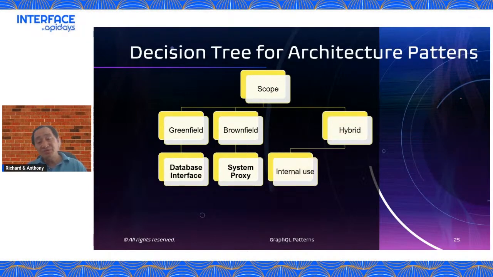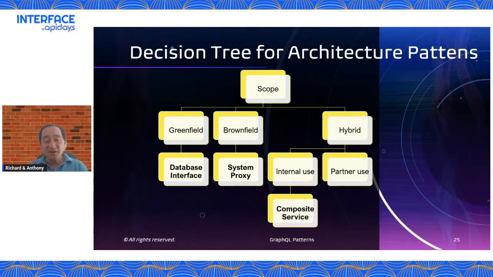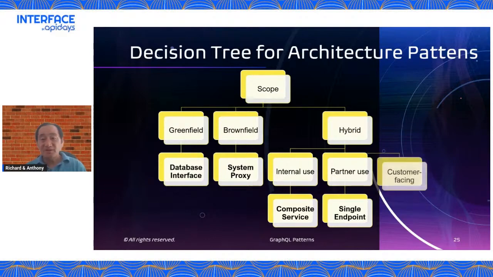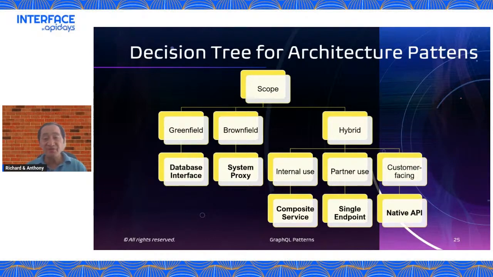Then if it's a hybrid mode, let's break down if it's internal use inside of your team or inside of your group. Not too many controls you need to apply, then use Composite service. On the other hand, if you have some partner usage, you really want to apply some entitlements, control, API governance, and you probably single endpoint is the best fit. And the last but not least, if you're doing some customer facing, you want to use the native API pattern to fit the bill.